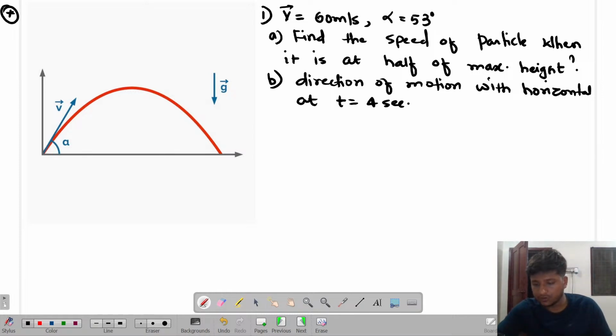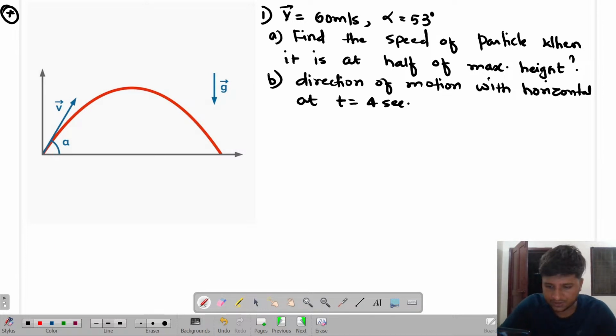There is a question on YouTube that if we are throwing a particle standing on an inclined plane and throw it down, what happens to the conservation of energy? So understand, if there is no non-conservative force, energy remains conserved.